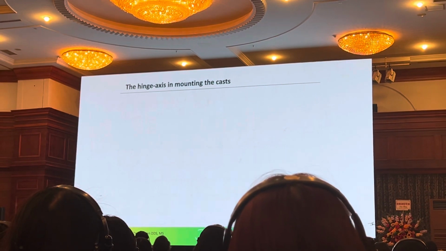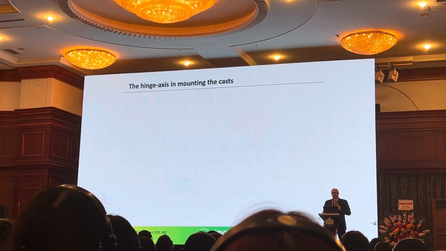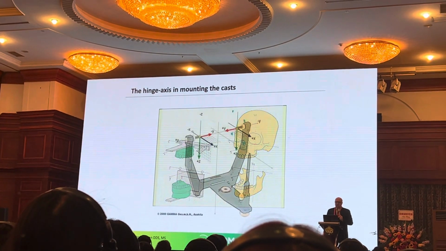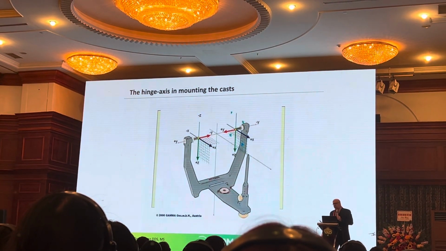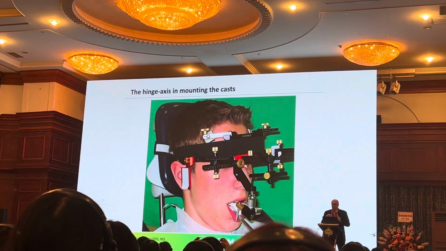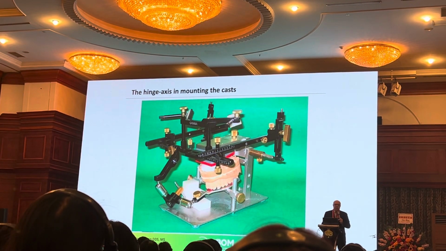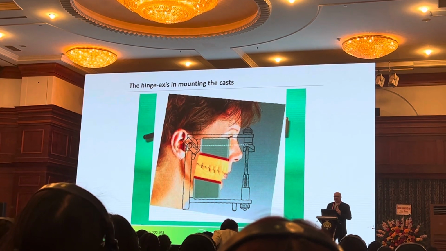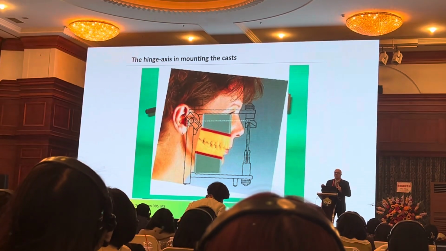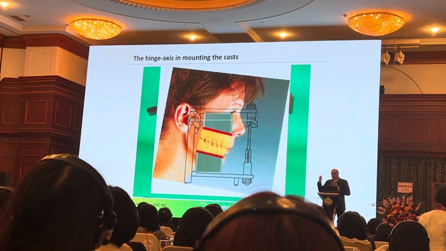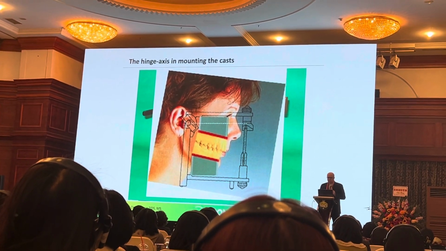So basically, we will mount the cast in this coordinate system. Okay. Later on, I will transfer this coordinate system to the articulator. In the articulator, I can measure everything. And I have absolutely precise, 100% precision, what's going on with the patient's mouth in the articulator.